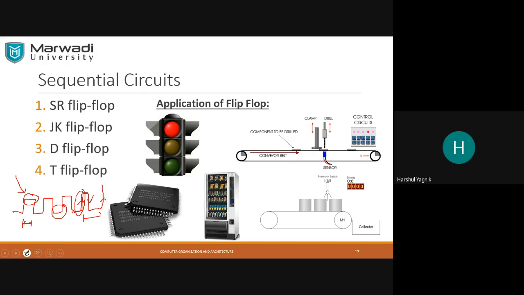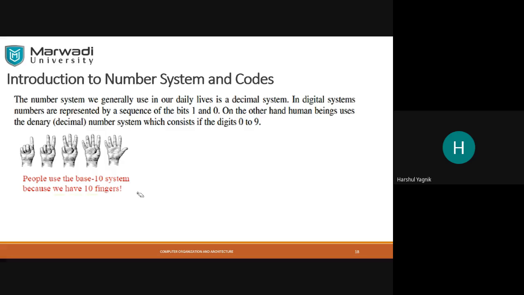So flip-flops, and there are different types of flip-flops which you might have studied in the course of digital electronics. SR flip-flop, JK flip-flop, D flip-flop, T flip-flop. Now you see, normally the number system that is generally in use in our daily lives is the decimal system, because that is what we humans, Homo sapiens, are all familiar with.